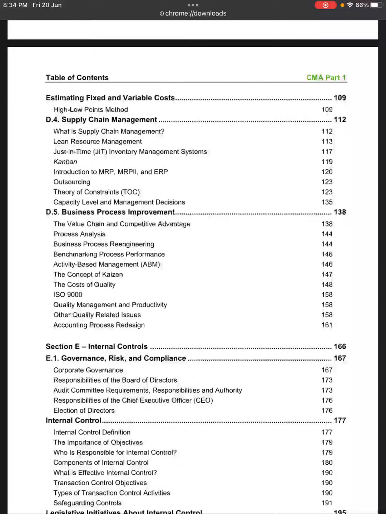This is the cost of quality, ISO 9000, quality management and productivity, and other quality related issues, and accounting process redesign. All these topics we will cover under business process improvement, right?